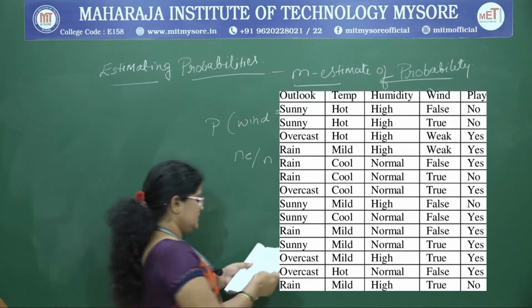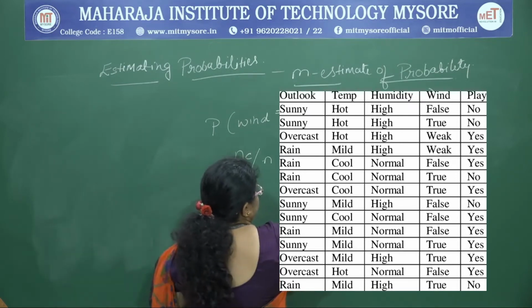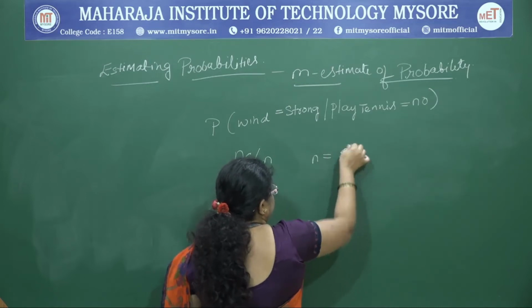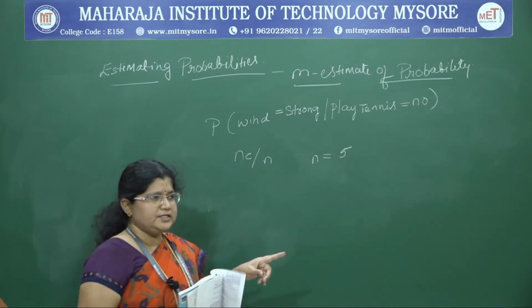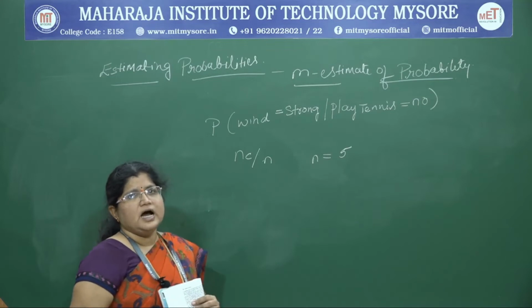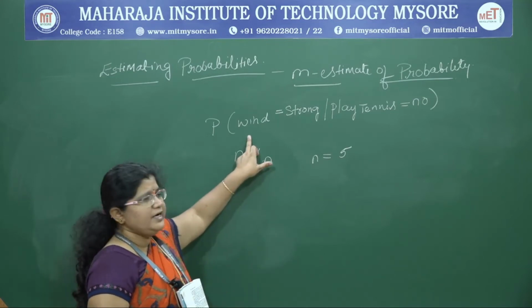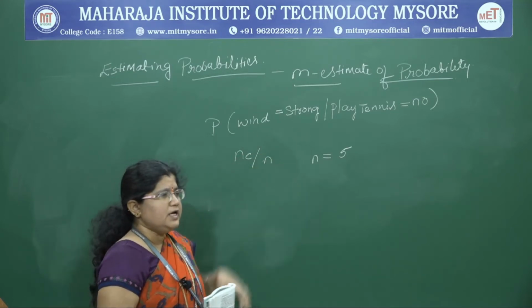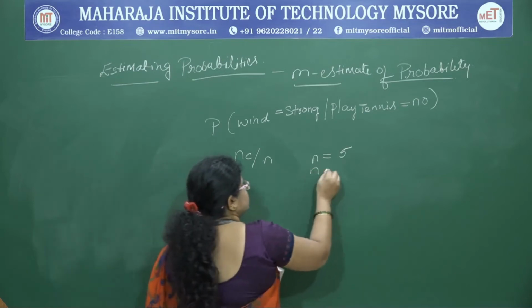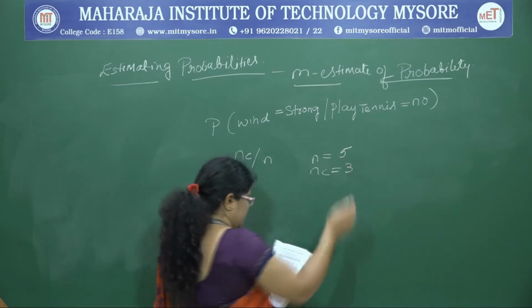So, N is equal to 5, out of which NC, the occurrence of wind equal to strong, is equal to 3.